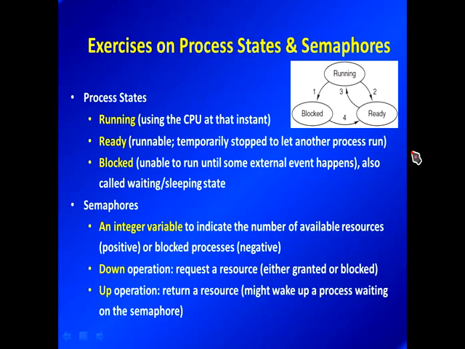Even though you allocate the CPU to this process, it cannot execute any instructions because it is waiting for an external event. It is waiting for another process to get out of its critical region. So this state is called the blocked state.